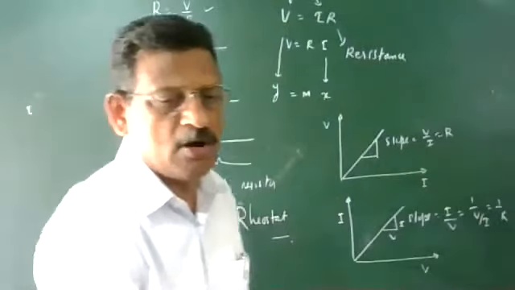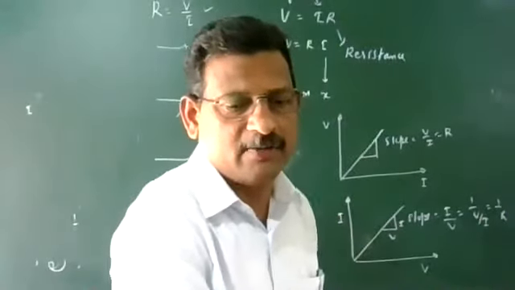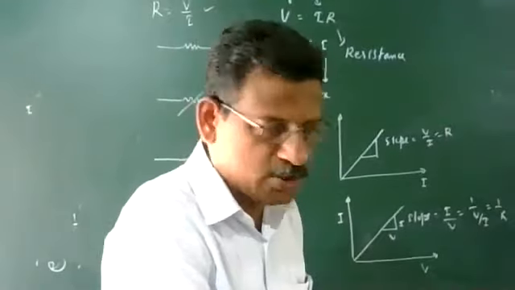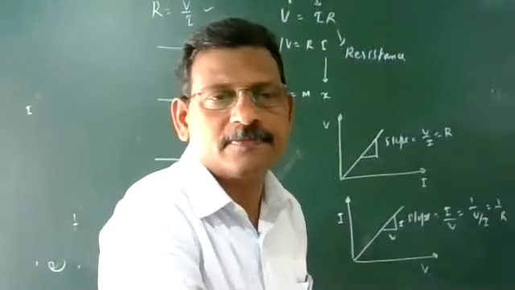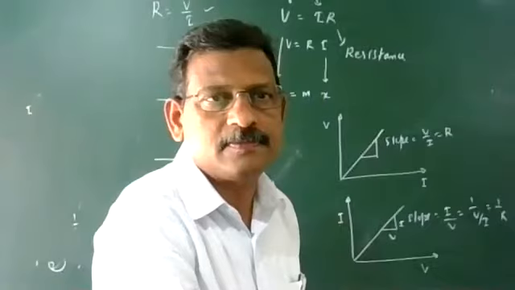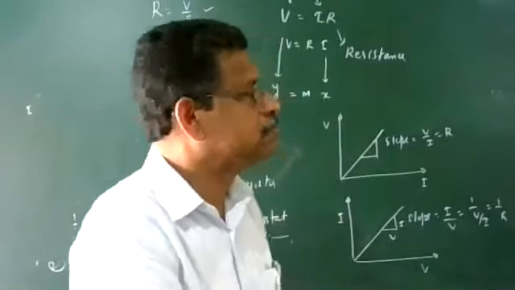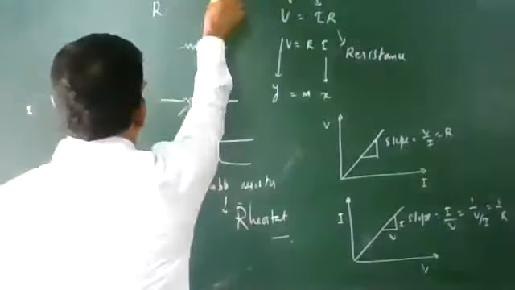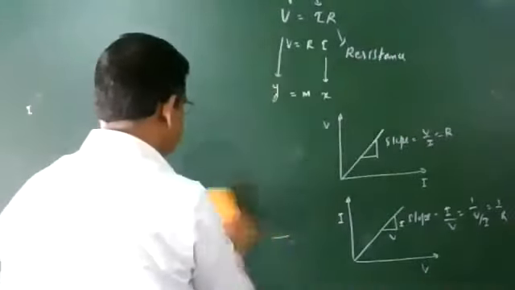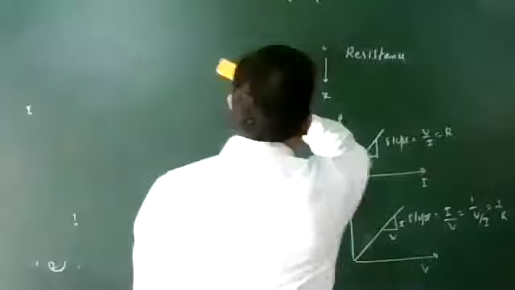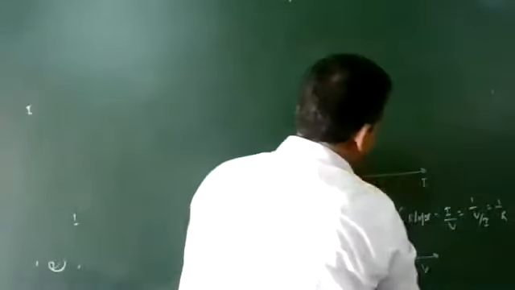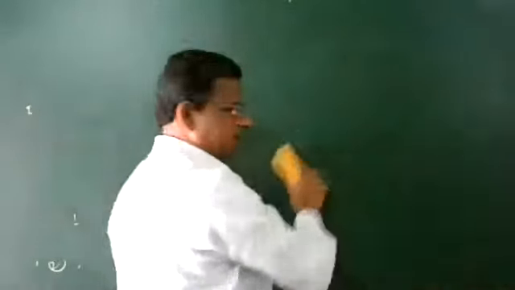We have to recall the drift velocity equation. Can anyone tell me the drift velocity, only magnitude? Vd equal to, anyone? Equation of drift velocity in terms of electric field.